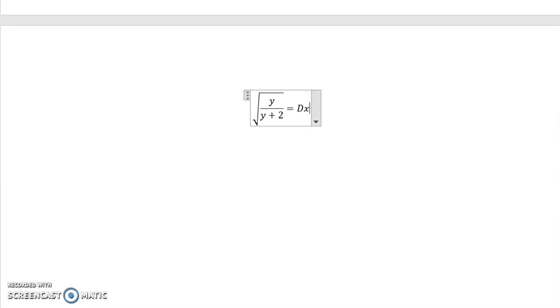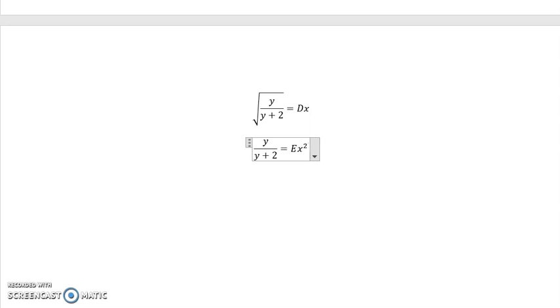Now, this is an implicit expression. We could solve for y exactly if we wanted. We would square both sides, and so we would get something like y over y plus 2 is equal to, if d squared is equal to e, then e x squared.